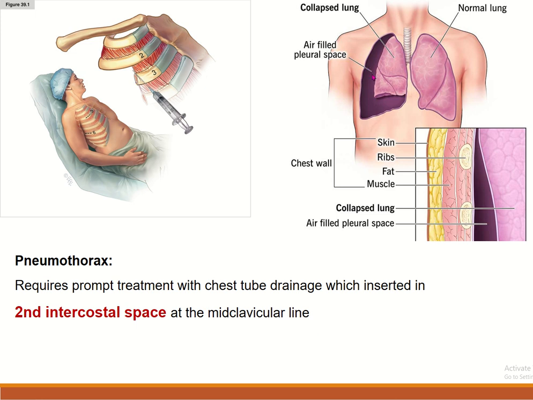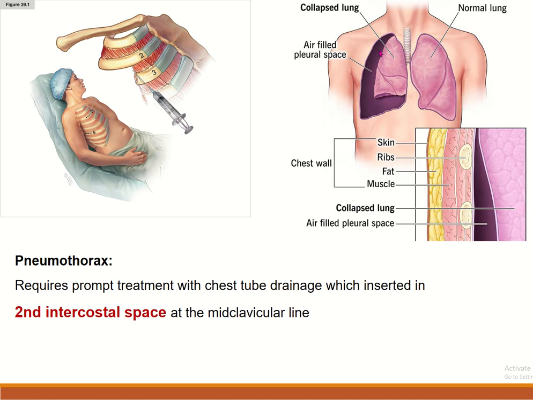Air is usually accommodated in the upper surface of the pleural cavity, so the air is withdrawn from the second intercostal space in the mid-clavicular line.